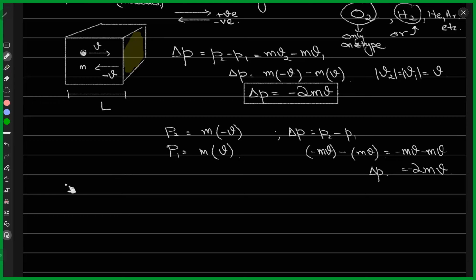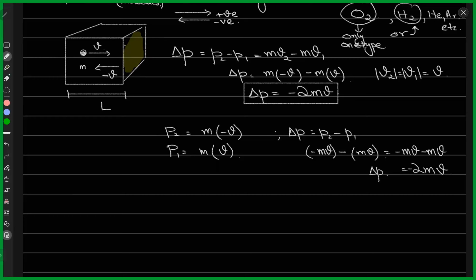So we know that when it hits the wall, suppose it starts its journey from one edge, and it hits this wall, it will travel a distance of L. Then it will move back, rebound, and then when it comes back to hit this wall, it would have traveled a total distance of 2 times L, right?